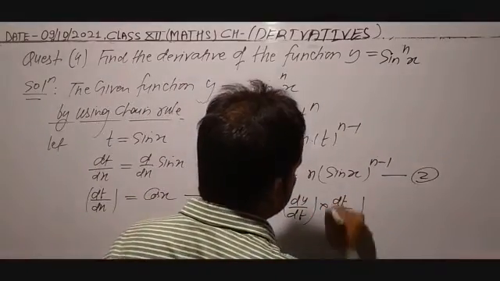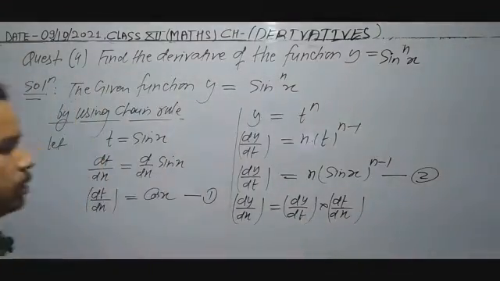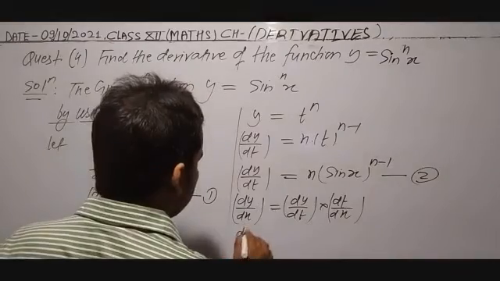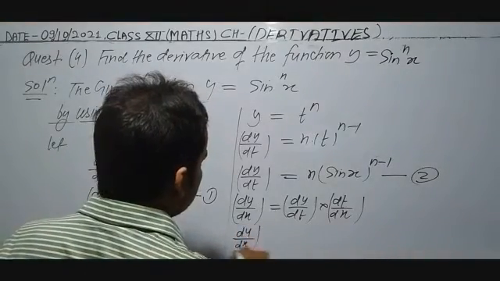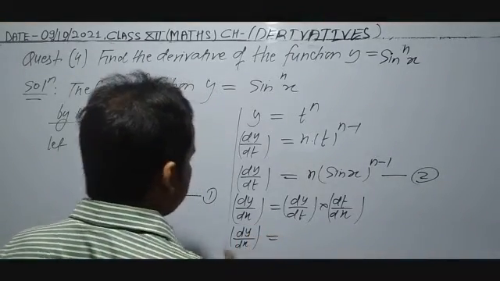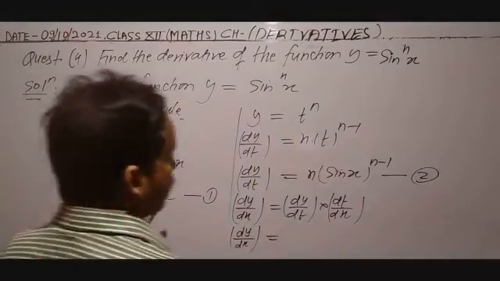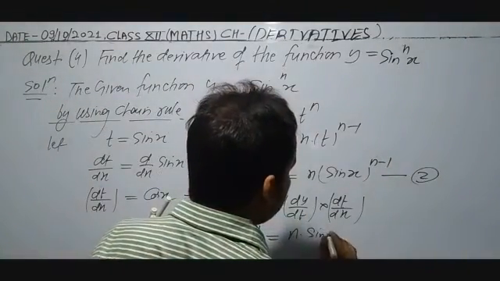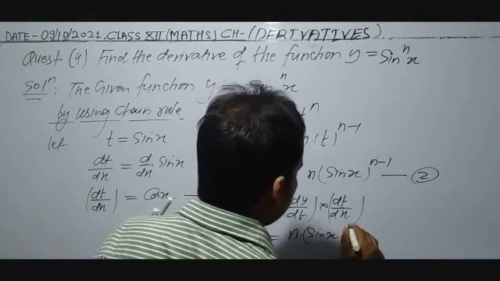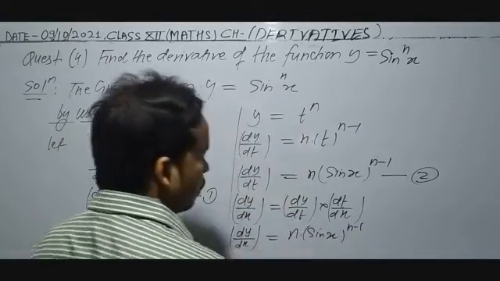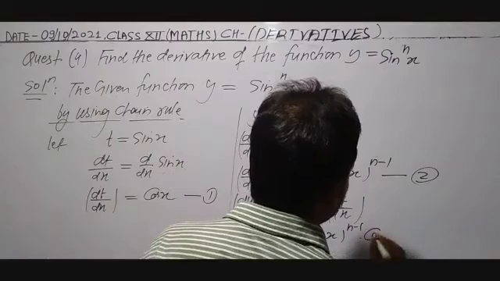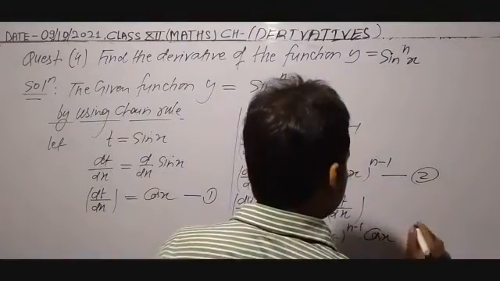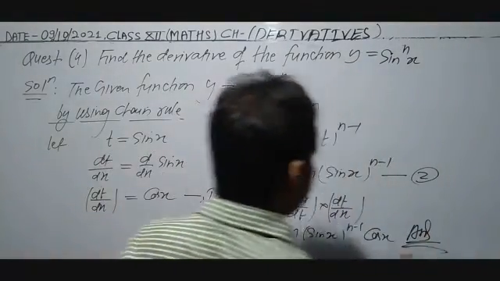So dt by dx is here. Now put its value. So dy by dx will be n times sine of x to the power n minus 1 into cos x. Now this is the answer.